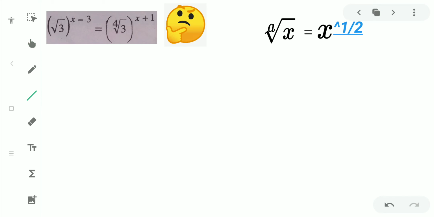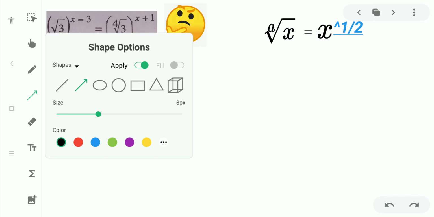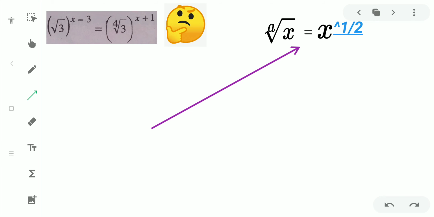So here we are having a formula, that is a root of x is equal to x power 1 by a.